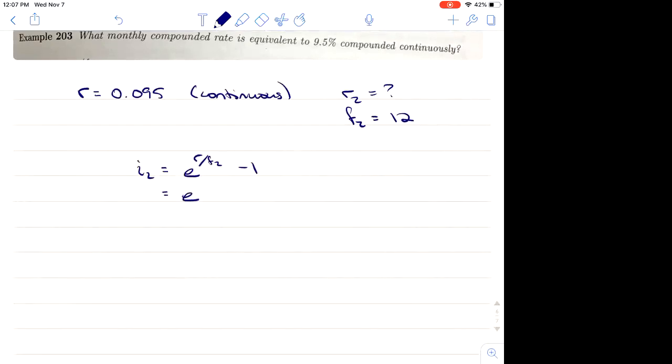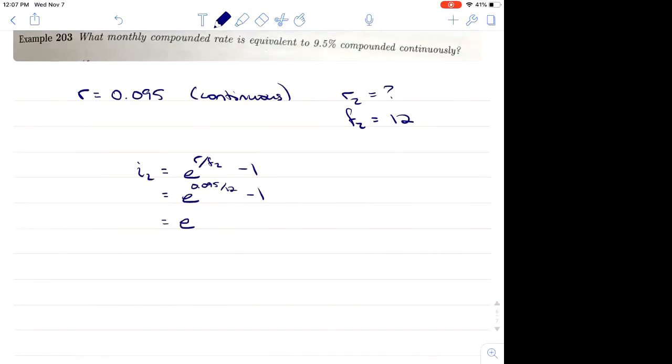Which means we have e to the power of 0.095 divided by our desired frequency of 12, minus 1. So we have 0.095 divided by 12. Okay, so we've got e to the power of 0.007916 repeating, minus 1.